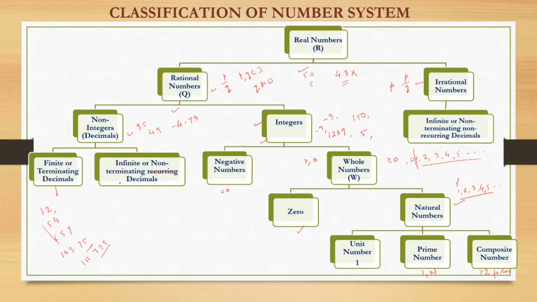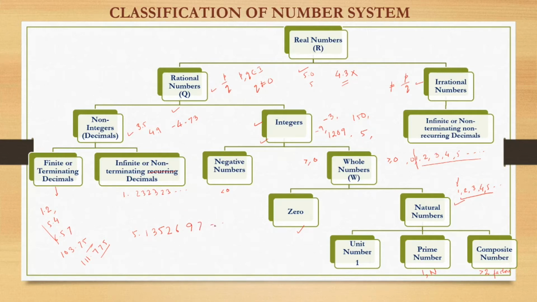Whereas infinite non-terminating decimal can have 1.232323 and so on, non-terminating decimal. Similarly, another example could be say 5.1352697 something.